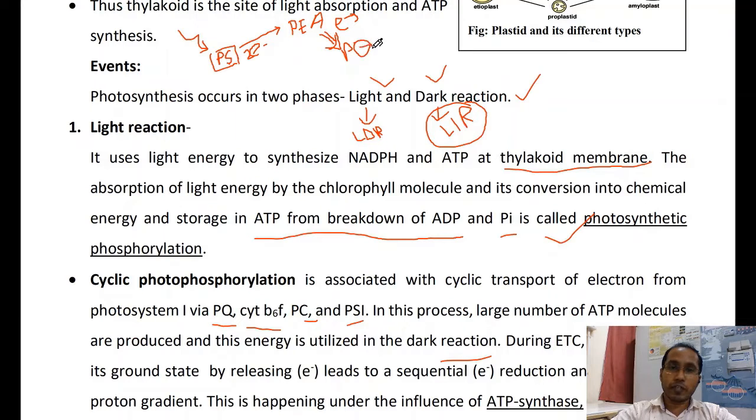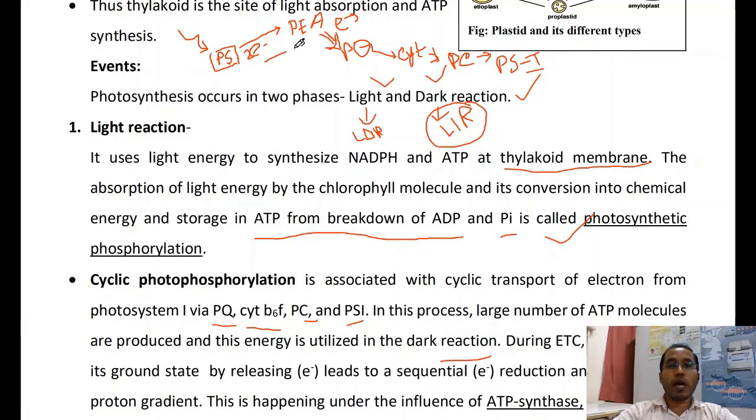After that, it will transfer again to cytochrome, and after that, you can see here plastocyanin, another electron acceptor, and after that the electron will be transferred to PS1, photosystem 1. The absorption spectrum in this case is 700. Okay. So in this way, non-cyclic.